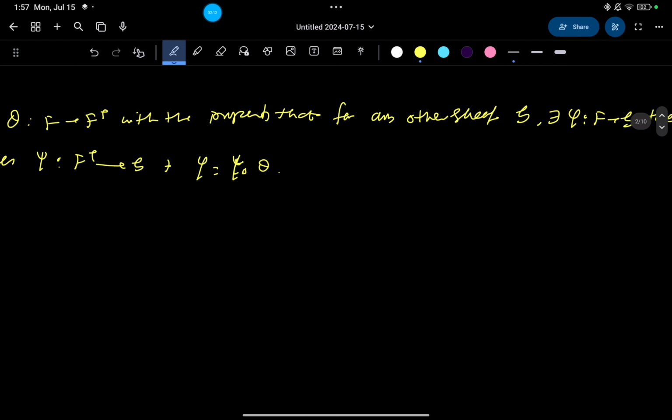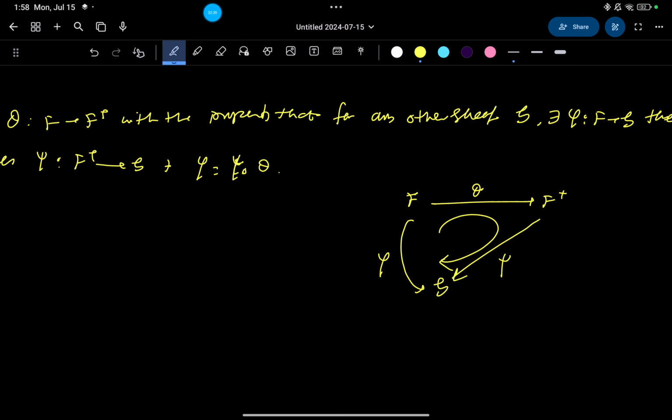So that means, let's say there is a map theta from F to F plus. If there is a morphism of presheaves phi from F to G, then there is a morphism psi from here, and this diagram should commute. Okay, so somewhere it is similar to the universal property, right?